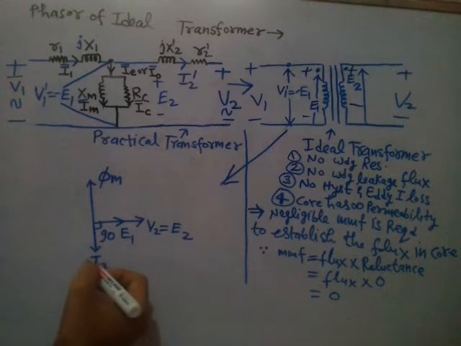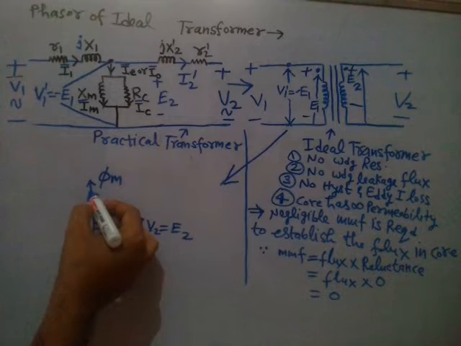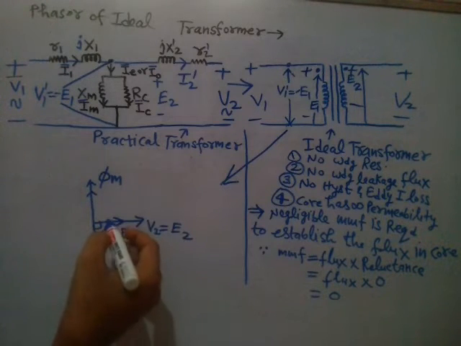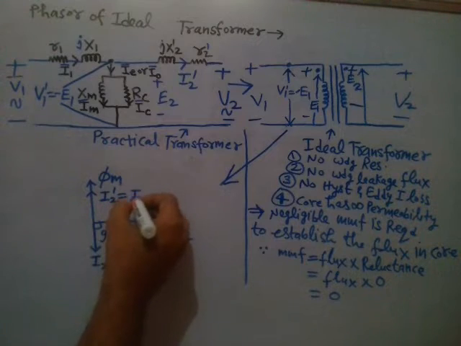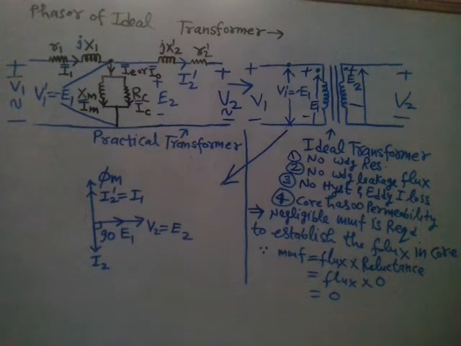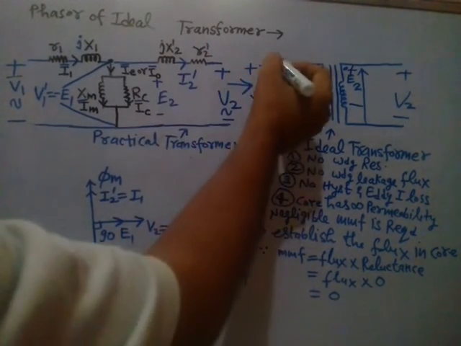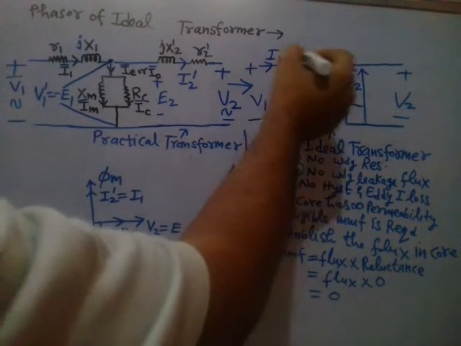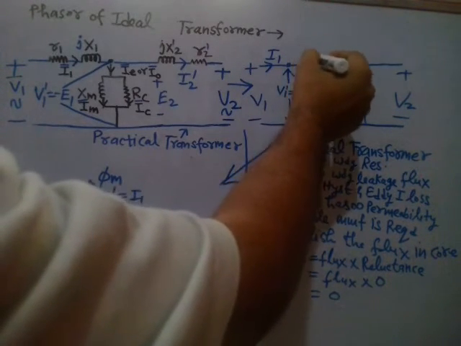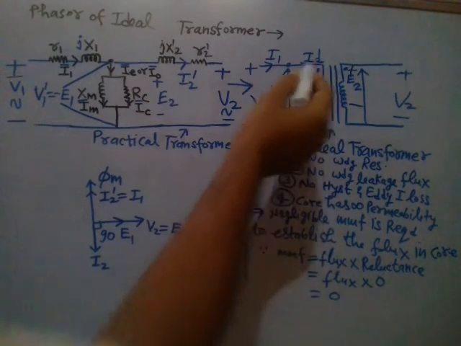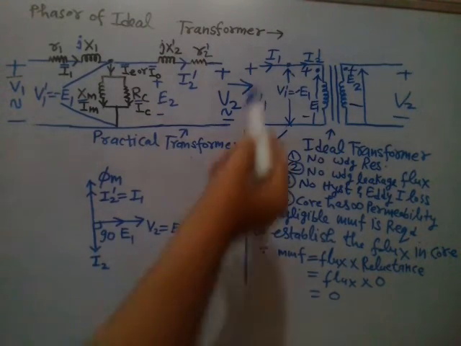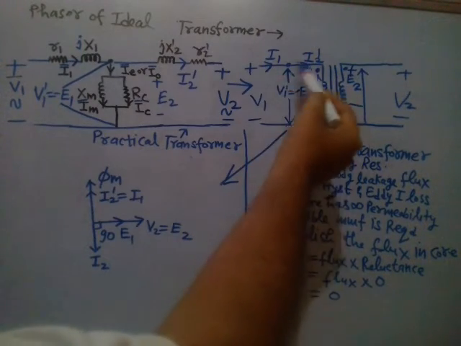In the next step you have to draw this I2 on the back side. So it will become I2 dash, which is nothing but I1 only, right? See, this is the current I1, and here it was I2 dash. Shunt branch is ignored, so that means I1 is equal to I2 dash, because the same current will flow here.